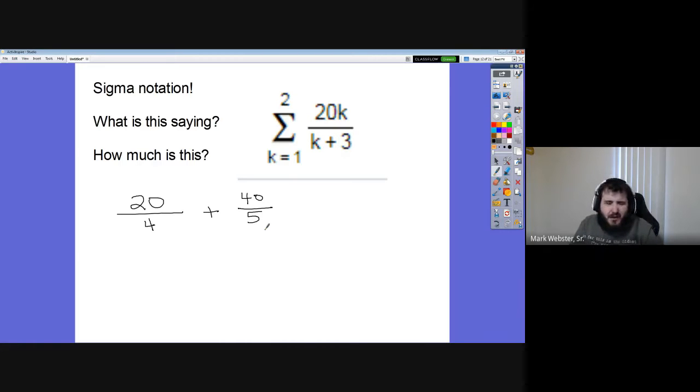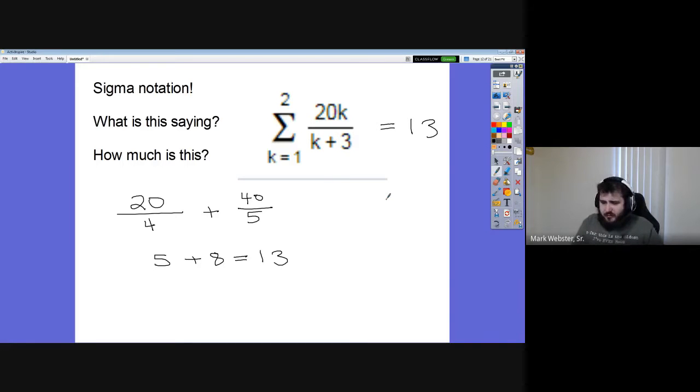Okay, so we did that. Let's simplify it so that we can have something that's okay to work with. So 20 divided by 4, well, that's 5. 40 divided by 5, that's 8. And so we end up with the final answer of 13. So this summation, when all is said and done, equals 13, right?